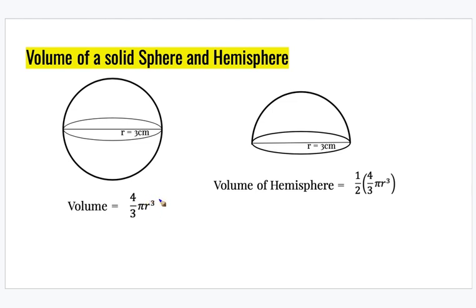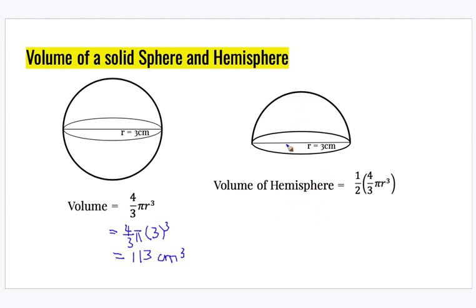This formula only depends on the radius to find the volume. So once we have the radius, we can work out the volume, which is 4/3 pi r cubed. Works out to be 113 cm cubed.